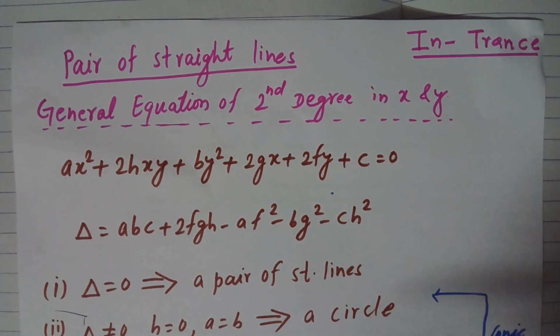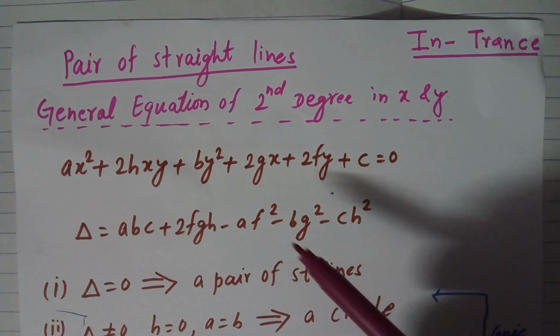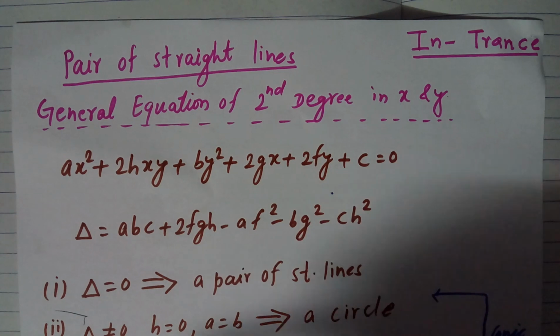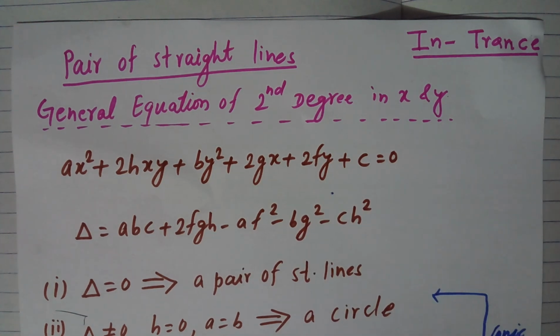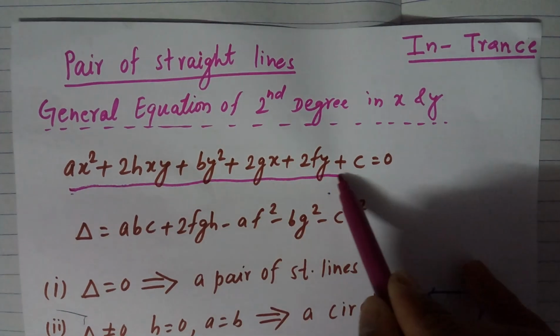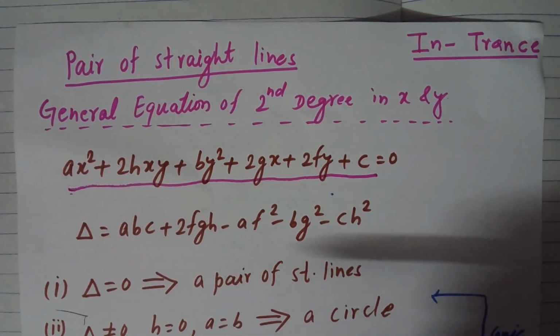So here you can see a second degree equation in x and y, which is basically ax square plus 2hxy plus by square plus 2gx plus 2fy plus c equals to 0. So this is the general equation of second degree in x and y.